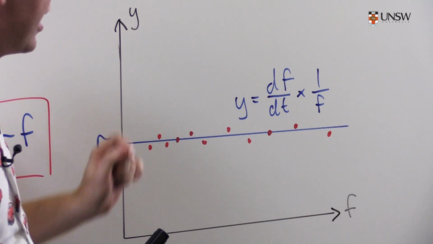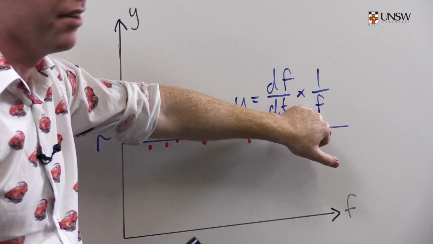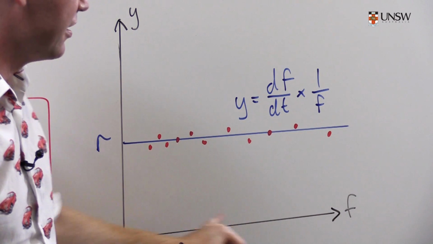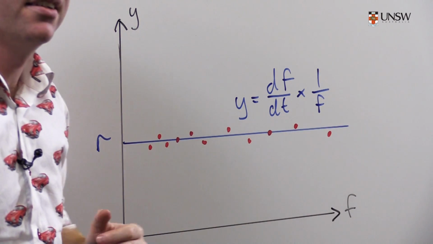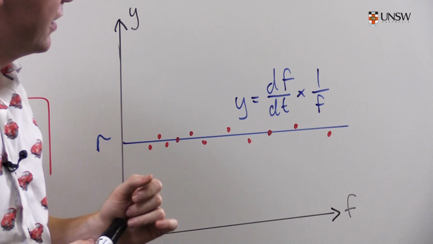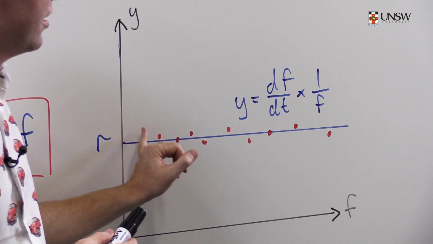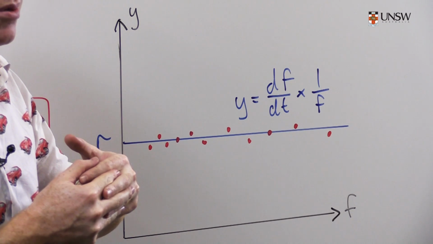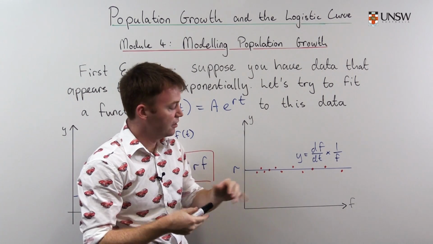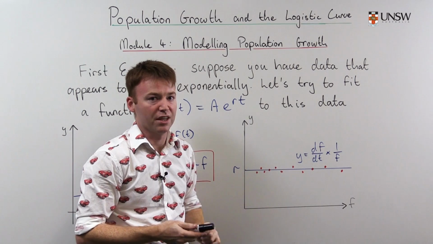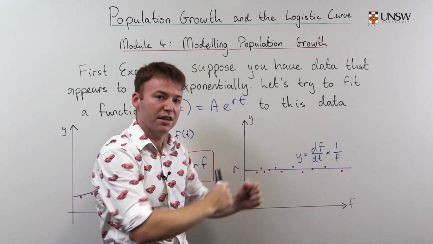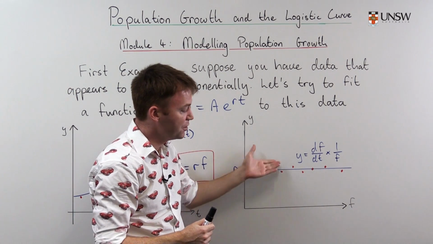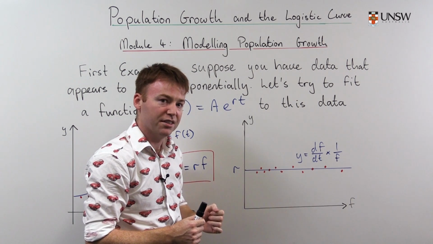So if I take my y-axis as df dt divided by f, and I take my x-axis as the function values f, then what I end up with is my data points falling roughly along this horizontal line. How well the data points fit your horizontal line tells you how well your data fits an exponential curve. So we have some kind of visual assurance that our function is actually exponential.